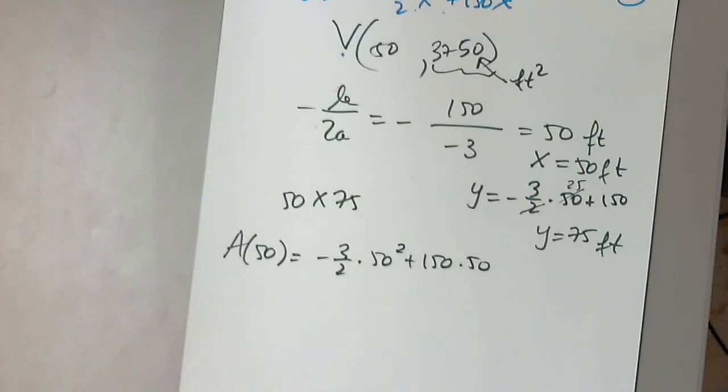And it's guaranteed that you get the exact same answer. So we have negative 1.5 times 50 squared, and then plus 150 times 50. The answer must be 3,750 unless I made an error when I multiplied 75 by 50.